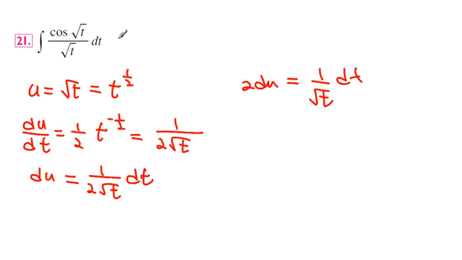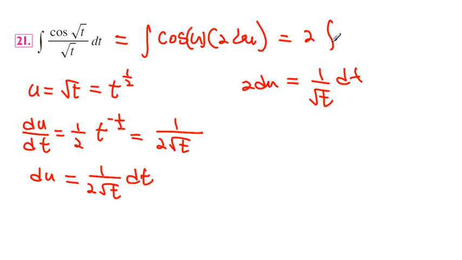So by putting everything in, we'll end up getting cosine of u times 2 du, which will be equal to 2 cosine of u du.